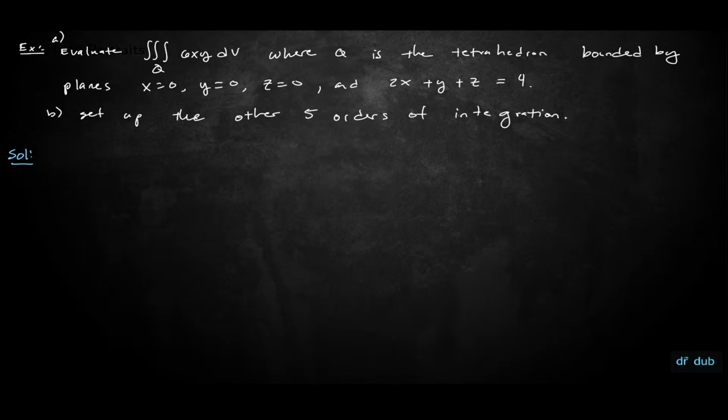Alright, so let's see what this tetrahedron looks like to begin with. So just draw my 3D space here. And let's see. If y and z are both zeros, x is equal to 2 for this plane. So say x equals 2 is like right there. And if x and z are both 0, y is equal to 4. And if x and y are both 0, z is equal to 4.